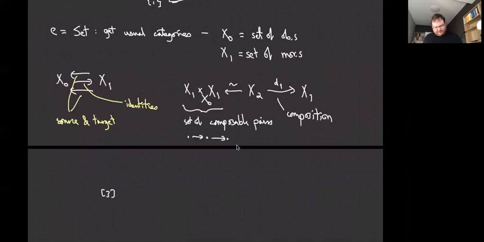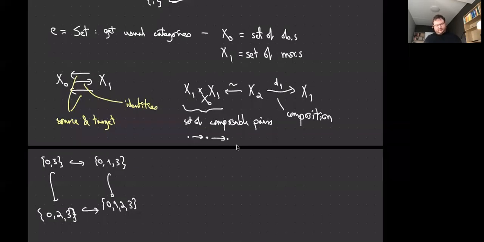Like if I look at 3, there are 2 inclusions. I think of this as the set 0, 1, 2, 3, and this square of inclusions commutes, and if I translate that into the condition for x, I get a commutative square that encodes associativity.